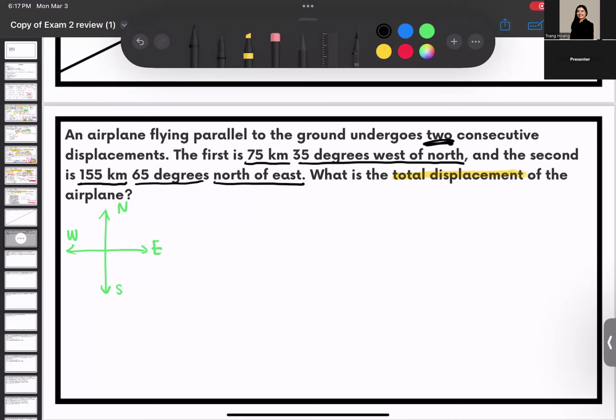This is a 2-part motion, which means that to help myself split this up, I'm going to draw 2 axes, right? I'm splitting up this motion because they told me that there's 2 displacements. Okay, so this is the first. The first they told me is 75 kilometers, 35 degrees west of north.